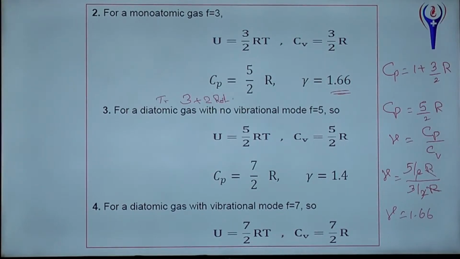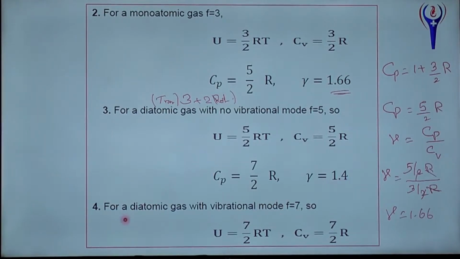Then U equal to 5 by 2 RT and Cv equal to 5 by 2 R. Cp equal to R plus 5 by 2 R, that is 7 by 2 R. Gamma equal to Cp by Cv, R and 2 getting cancelled, 7 divided by 5, you will get 1.4. Gamma is 1.4 for diatomic gas. Even for air, the value of gamma is 1.4.